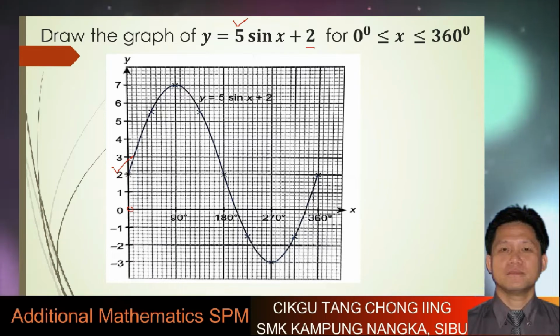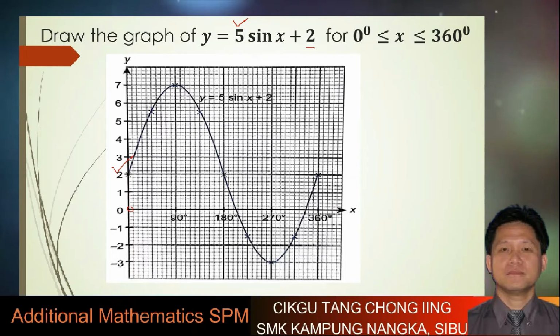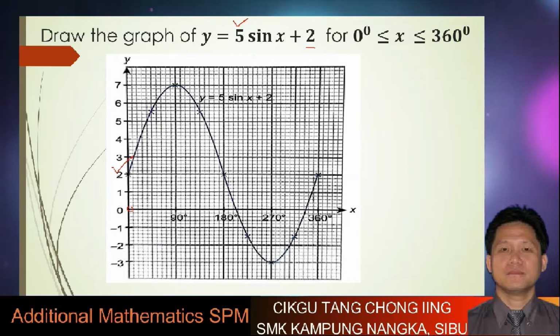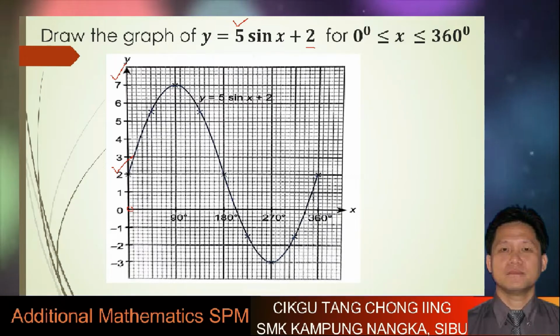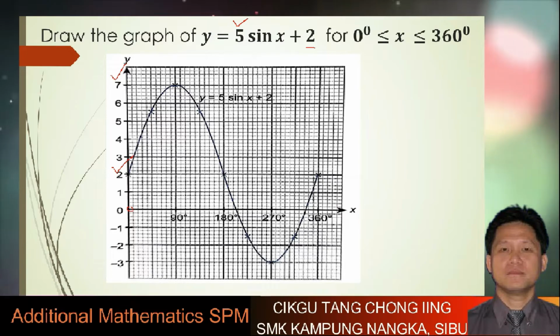Again, we have plus 2, so the whole graph is shifted up by 2 units. So 5 plus 2, we have 7 here. Right? So those are the effects we can see in this graph.